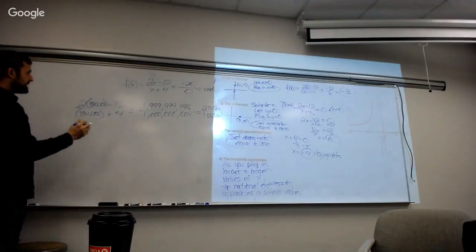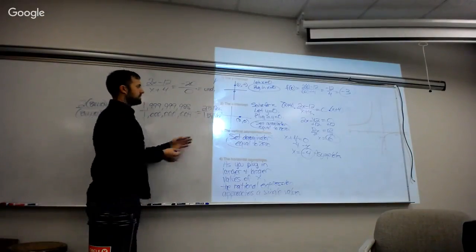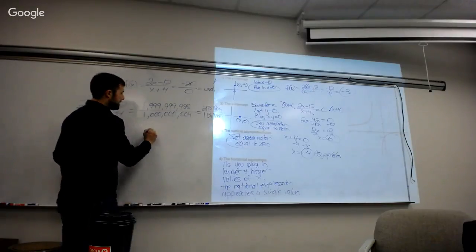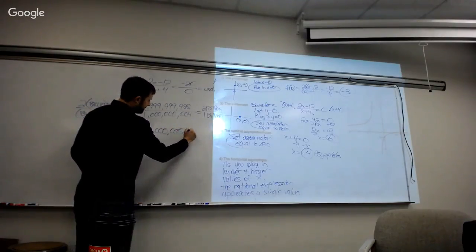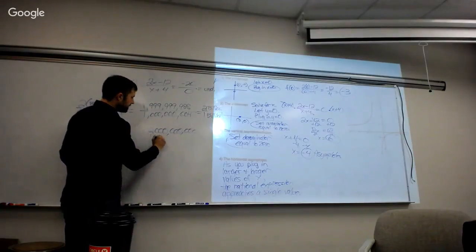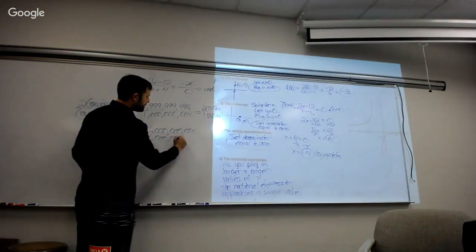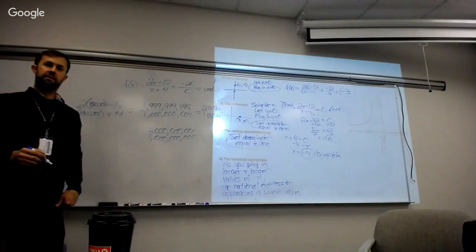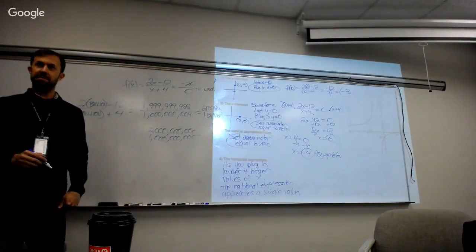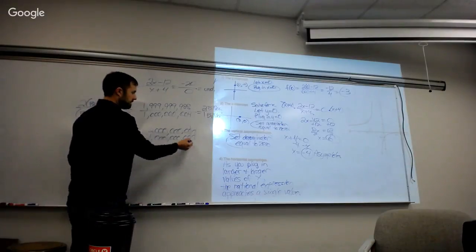And so what is 2 billion divided by 1 billion? If I were to write it out, what does that equal? What did I do with all those zeros?